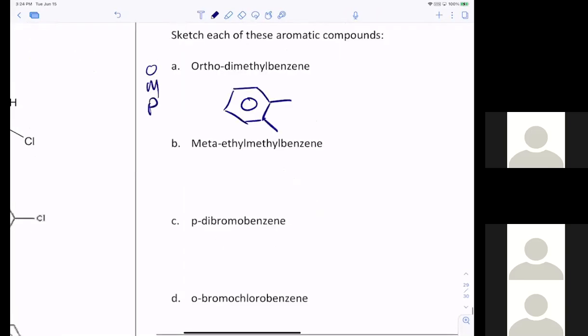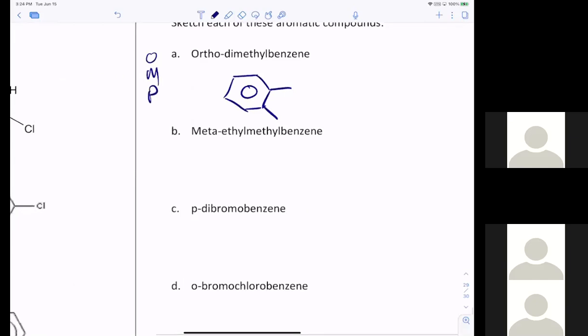And one last one here, meta ethyl methyl benzene. Notice the alphabetical order there, ethyl before methyl. And what does meta mean? What does meta mean, folks? One carbon in between.